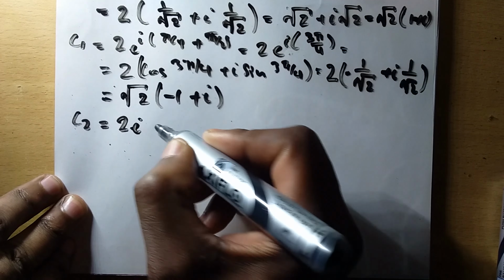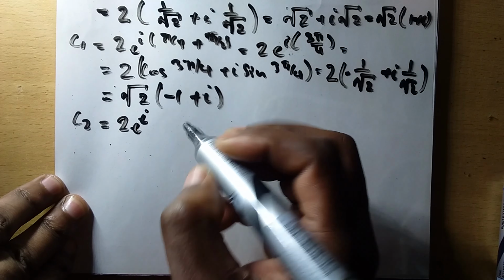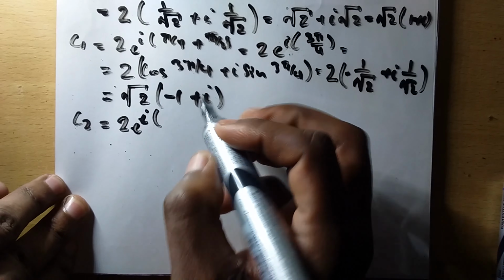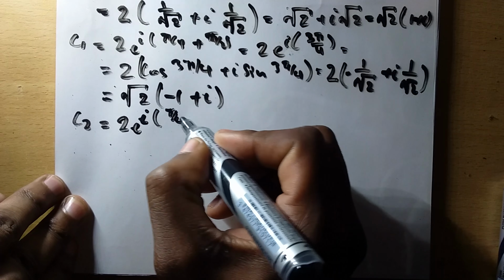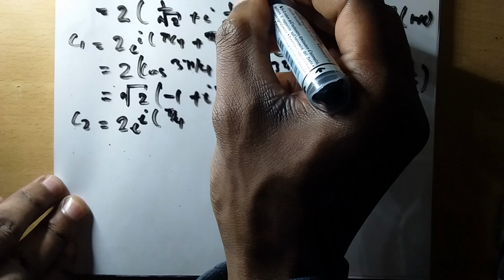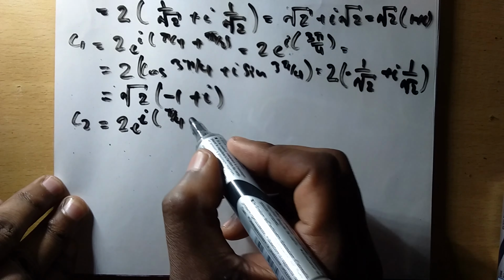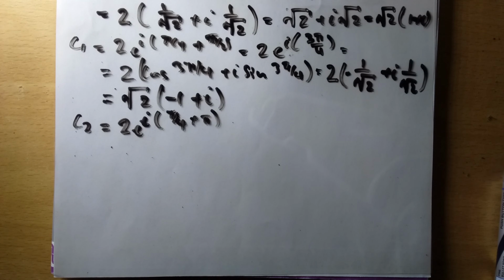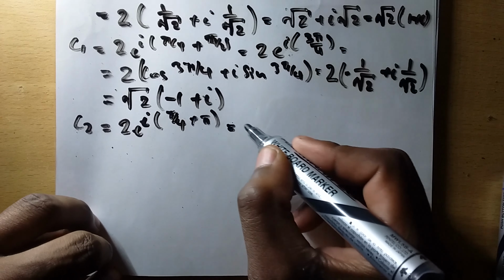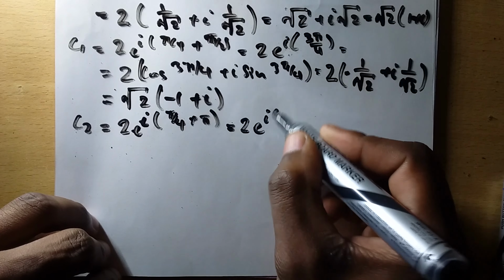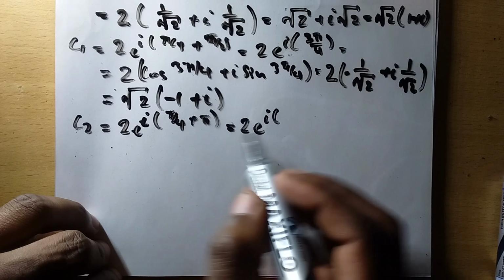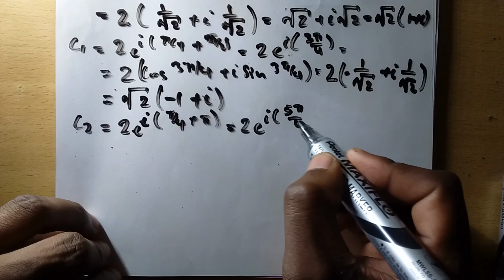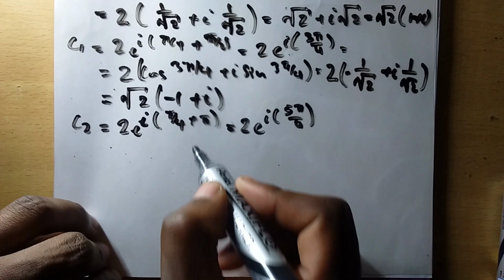So we're going to have 2 e to the i, sorry about that, guys, pi over 4. Now here we're going to have 2 and 2, so it's just going to be pi. So this is equal to 2 e to the i times pi over 4 plus pi, which is 5 pi over 4, because we just multiplied this by 4 over 4.